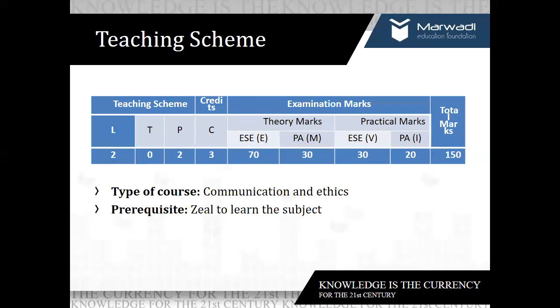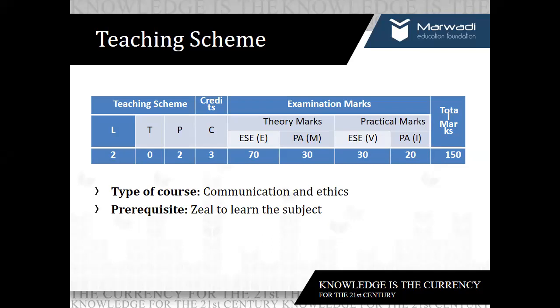Then practical marks, end semester assessment, that is Viva, and PA, that stands for the assignments that we give, term work. So what we have done is, out of 30 plus 20, that 50 marks is with me as a faculty. So I'll give you some assignments, some online courses to complete.